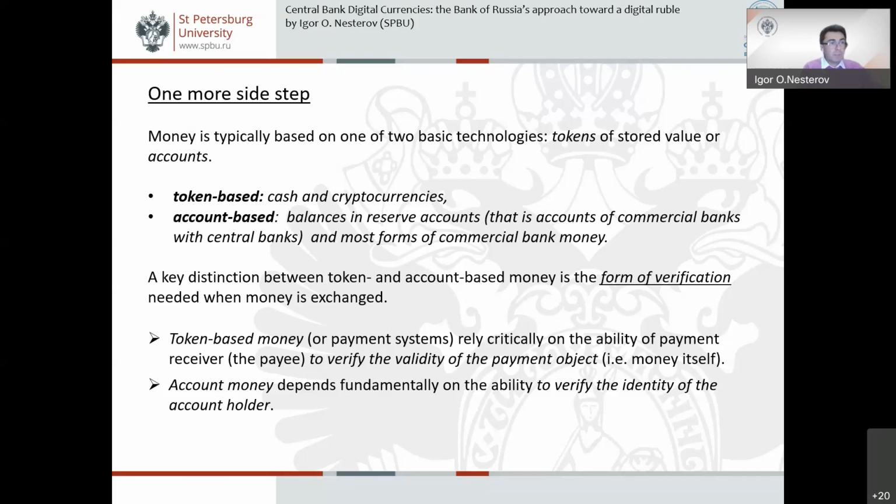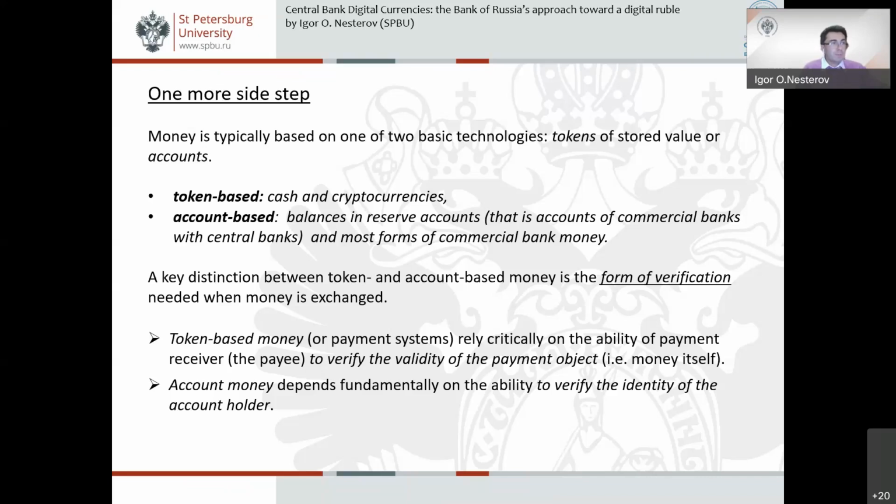So the key concern in the case of account-based money is identity theft, which allows criminals or hackers to transfer or withdraw money from accounts like bank accounts or even loyalty card accounts where you get, for example, cashback under the customer loyalty program.